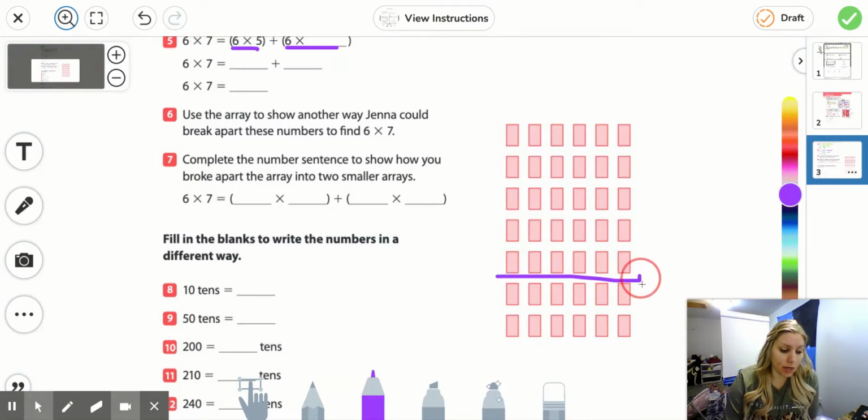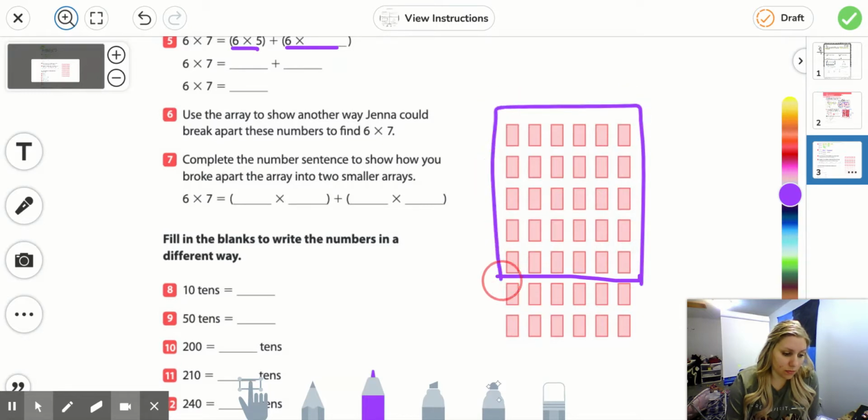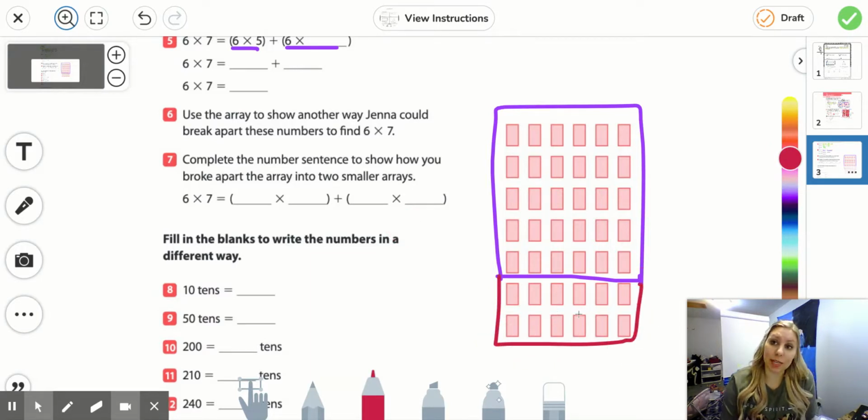So they're cutting this part right here now. They say this is 6 times 5. This is one part of it. What's the other piece? What equation does this represent?